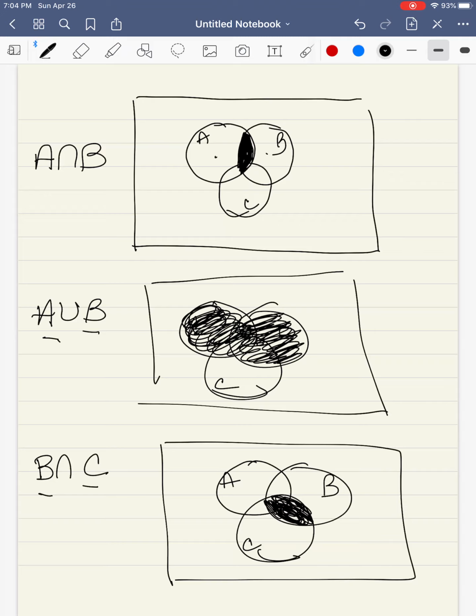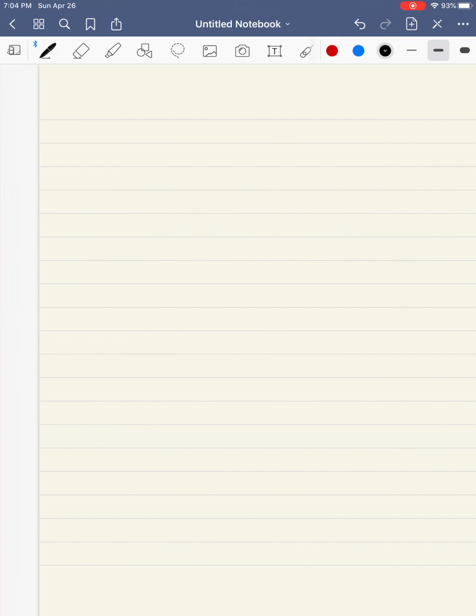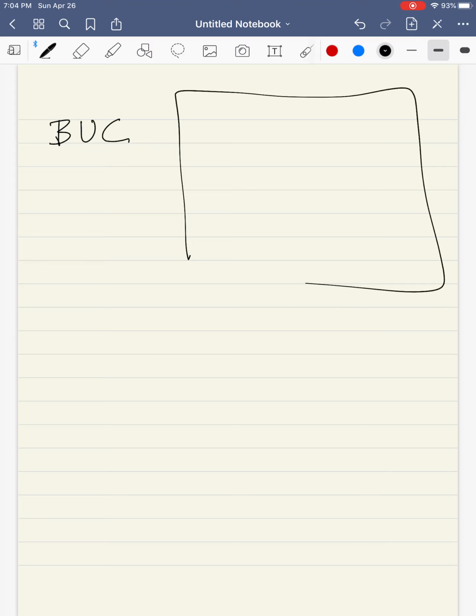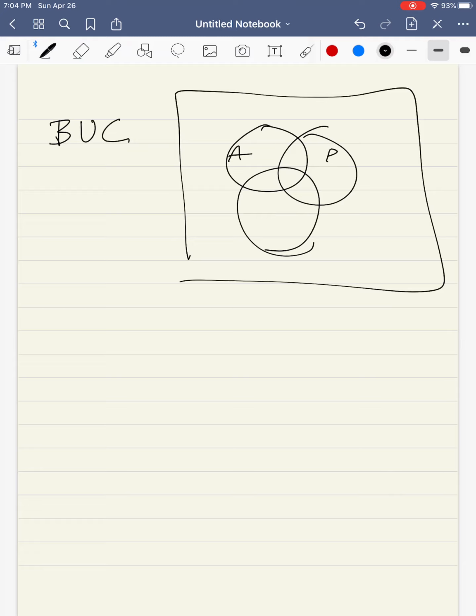Okay, that's B intersect C. All right, what if we had B union C? So that means put everything from B and everything from C. Ignore A, but all of circle B, even though it goes into A, it doesn't matter. It's all of circle B and all of circle C.